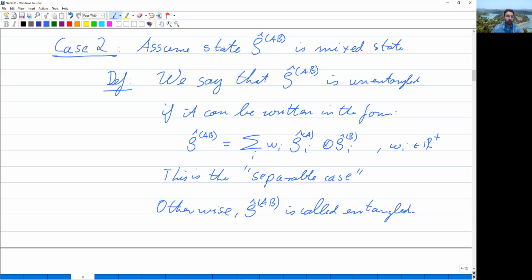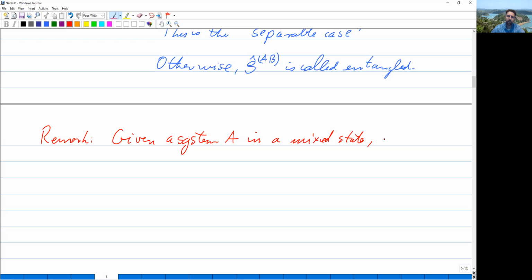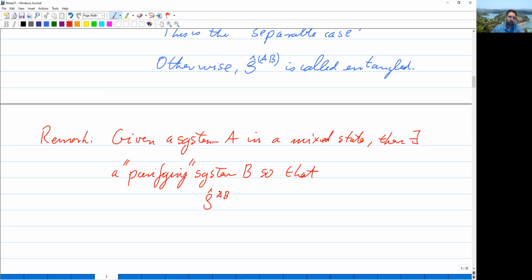So we say then that B purifies A. So we say here, remark: given a system A in a mixed state, there exists a purifying system B, and the whole point here is I want to explain the word purifying system B, so that rho hat AB is pure.